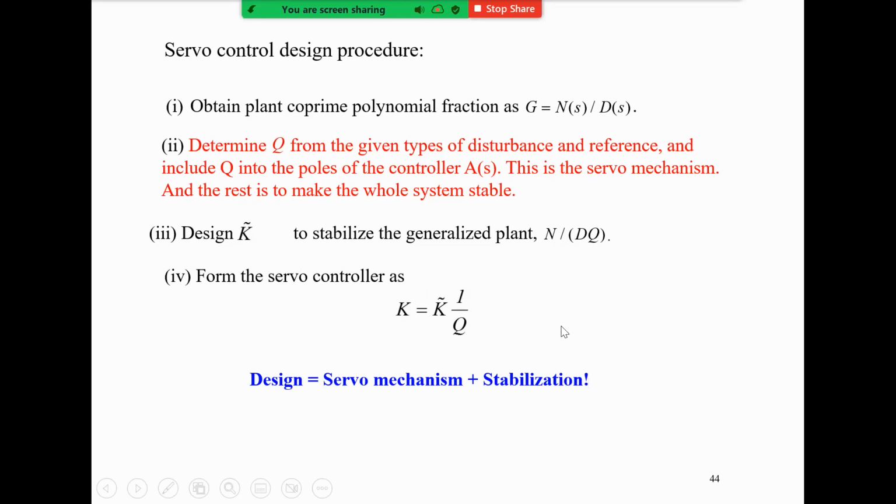The servo mechanism is to put the unstable factors, Q, into the controller. And the stabilization means finally you have to make the overall closed loop stable, because we know if a system is unstable, you cannot achieve anything.